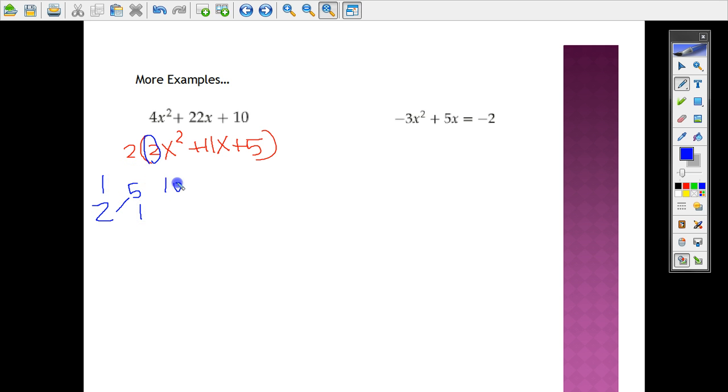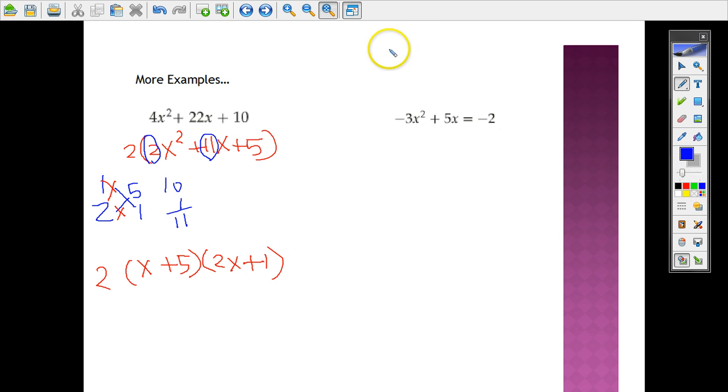When cross multiplied and added, it makes 11. So here are my numbers. And you just put an x there and x here. So you have your original 2 that you factored out, and you have your x plus 5, and then you have your 2x plus 1. Okay, and that would be your final answer as factored.